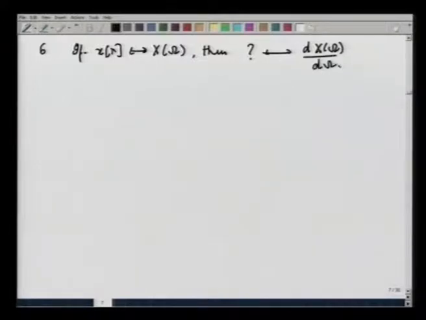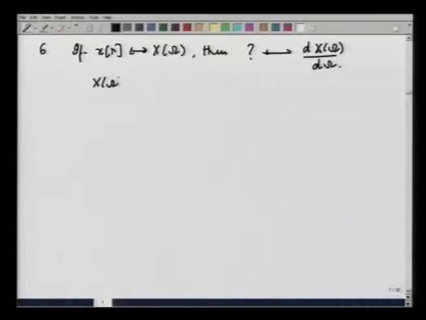That is the question we ask, and the answer is easily found by looking at the analysis equation. The analysis equation is X(omega) equals the summation over all n of x[n] e to the minus j omega n.